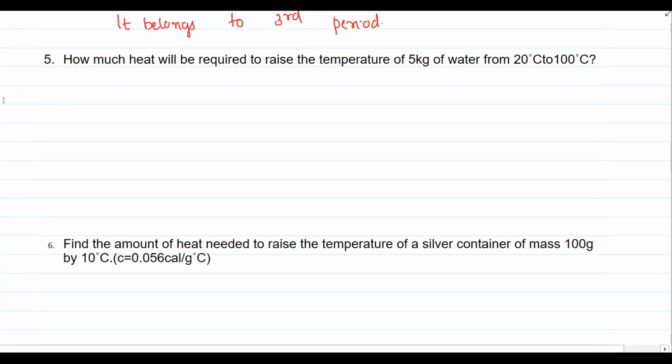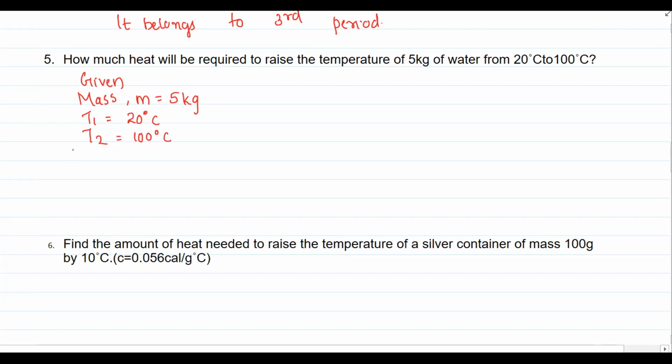Okay. So here what is given in the question? Given, mass is given. M is equal to 5 kg. Next, T1 is given. T1 is 20 degrees Celsius and T2 is 100 degrees Celsius. So to increase the temperature to 100 degrees Celsius from 20, how much heat energy will be required?